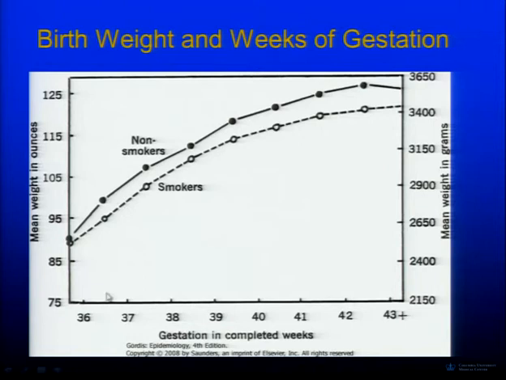And that's true even if you look at shorter lengths of gestation, like 36 weeks or whatever, you still see that non-smokers' babies' birth weight is higher than that in smokers. So in general, we can see that even at equal length of gestation, smokers have smaller babies. So that's controlling for one of the major risk factors for low birth weight.